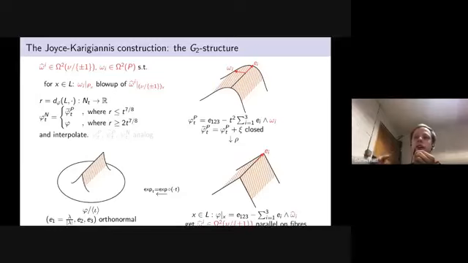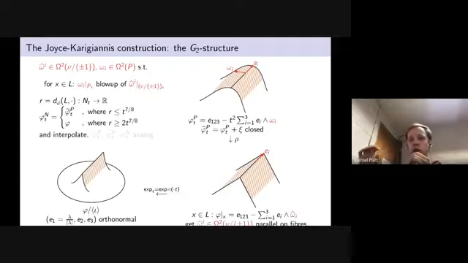Then we define phi nt, as it's written here, to be phi pt tilde close to the associative. So remember, t is the gluing parameter, it's very small, so r less than or equal to t to the 7 over 8 means r is very small. And we define it to be phi away from the associative.